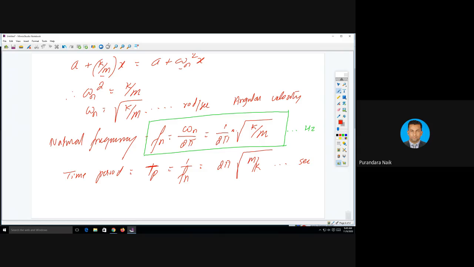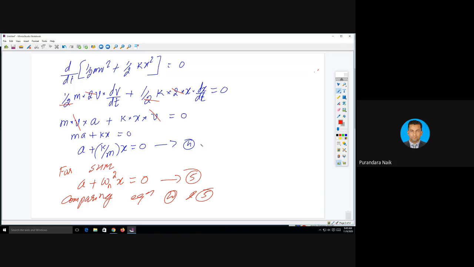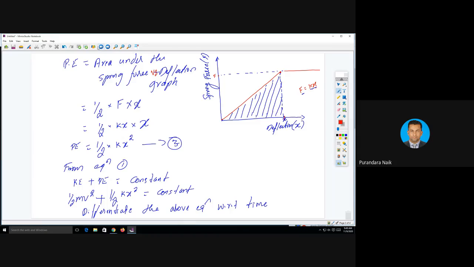Base is x, height is F. The F value is kx, substitute it, that's all. We'll get the equation, the rest is all the same. So only up to equation number 4 is important. Once you get equation number 4, the rest is similar to the previous one. Okay, I hope you copied.